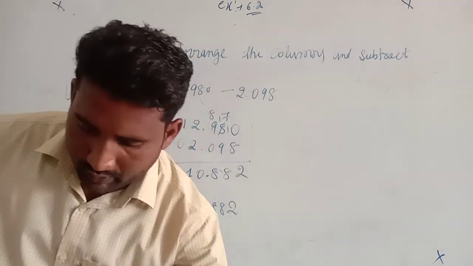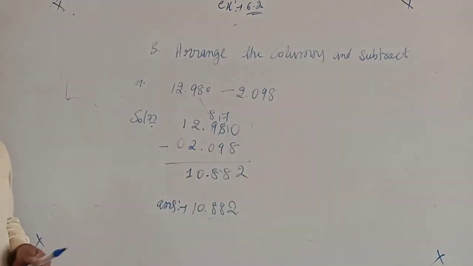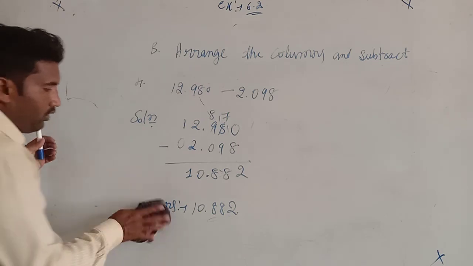So in B there are 2 problems, the third one and the fifth one. Those 2 are for homework.